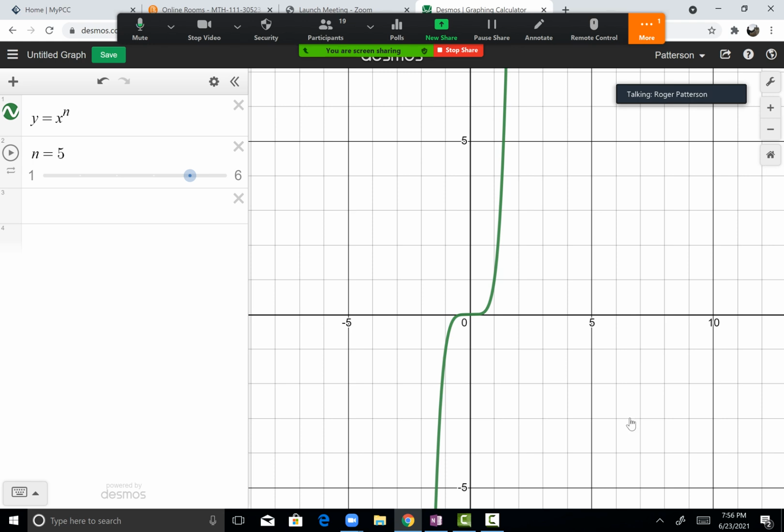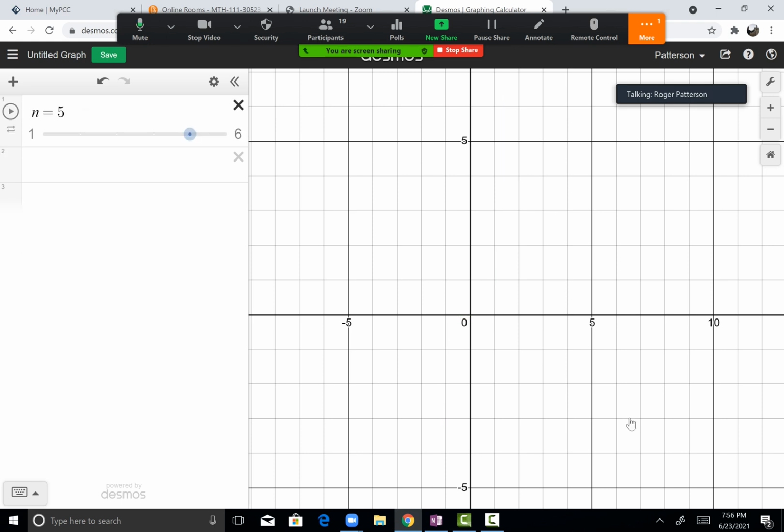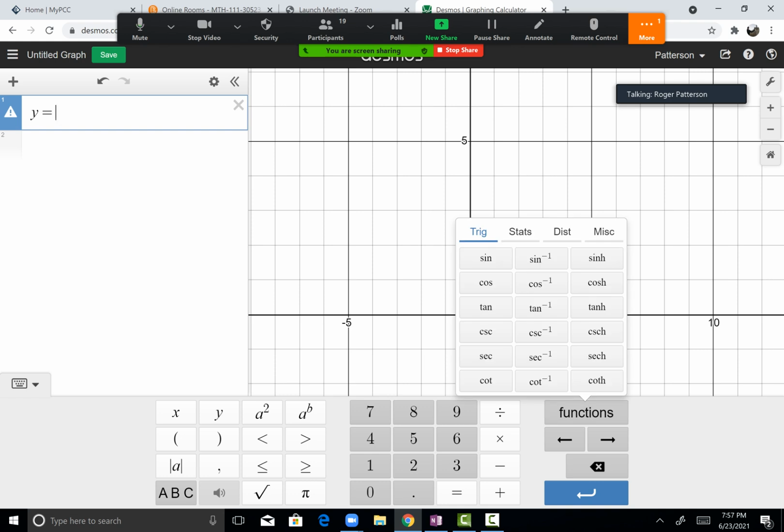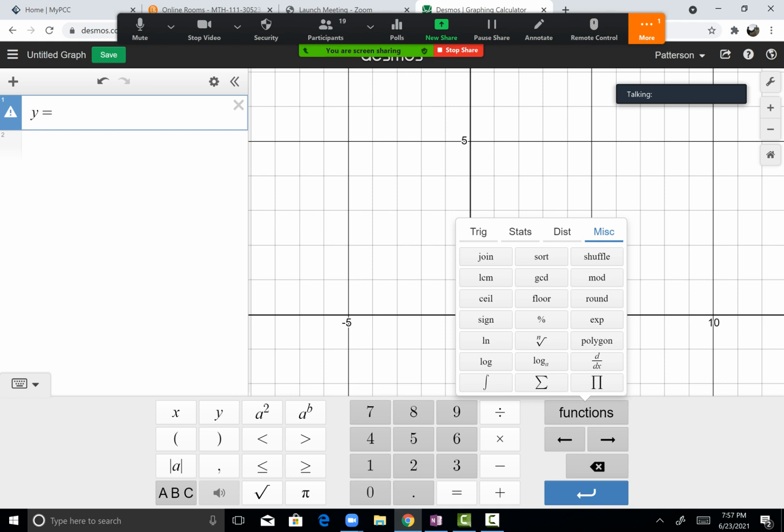So what I want to do is get rid of that and show you where the roots are. We're going to go to functions, miscellaneous. Right down here, right below the percent key, I'm going to put this.